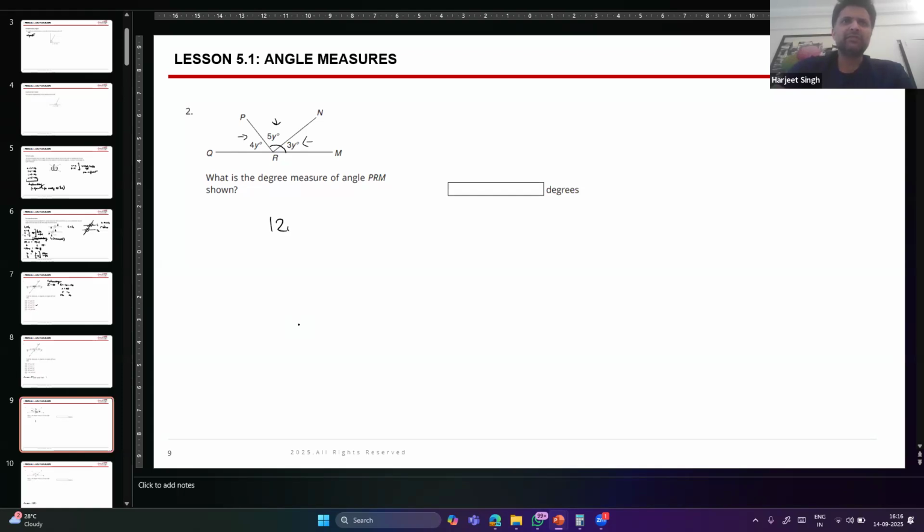So 12y should be equal to 180, and hence y should be equal to 15. So what is the angle of PRM? Total is 8y. So that is 120 degrees.